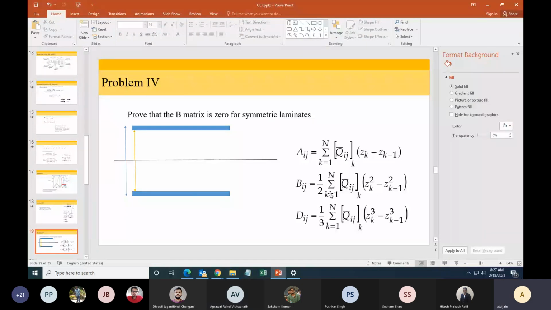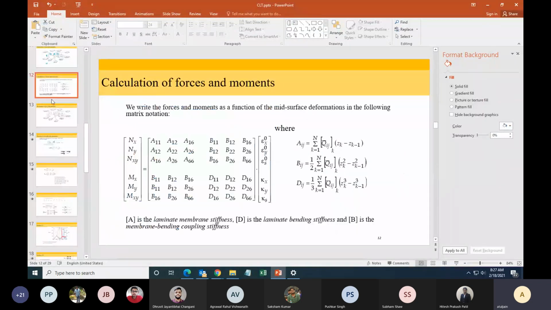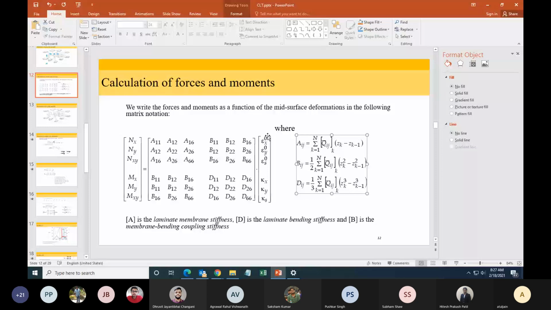Now, B_ij becoming 0 is a very important result for us. Why? Let us go back to our definition of A, B, and D matrix to find out. If my B matrix is 0, what does this mean? It means that between the deformation of the midplane, that is epsilon naught, and the traction, there is a one-to-one correlation.